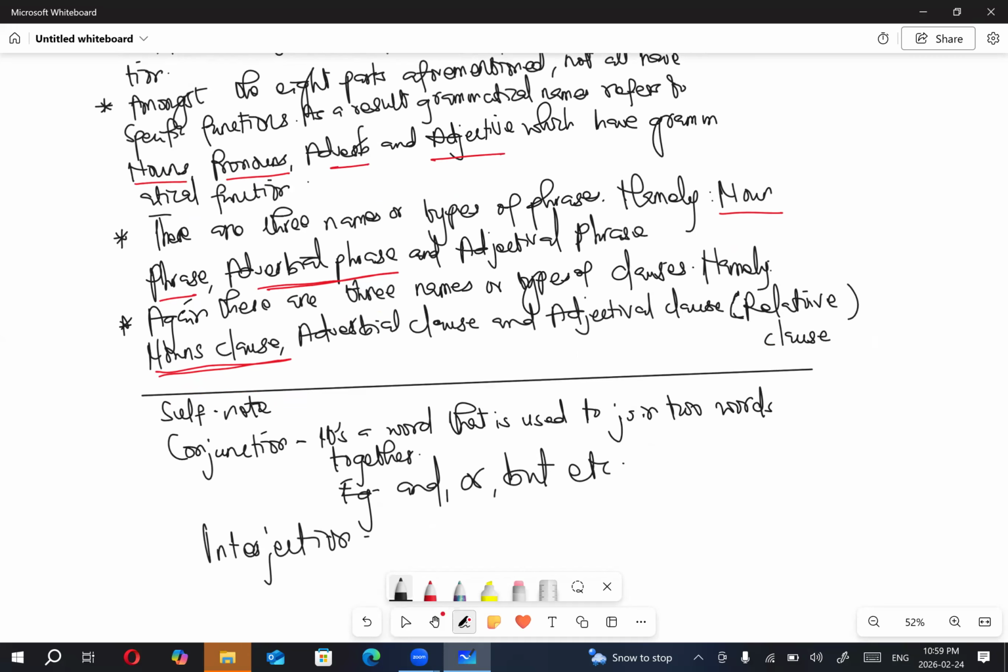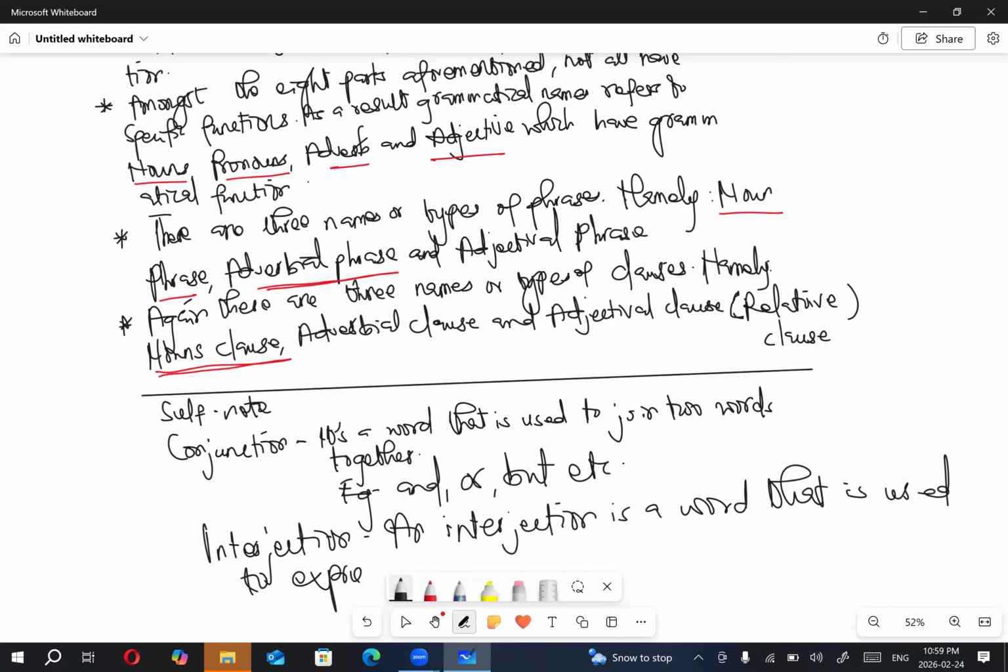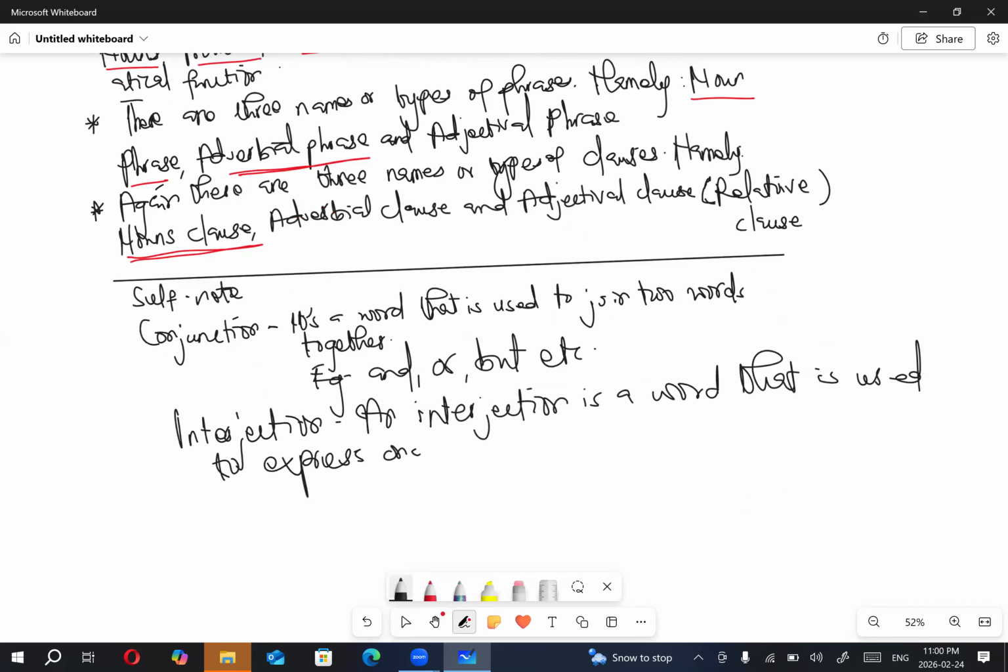An interjection is a word that is used to express one's thoughts or feelings.